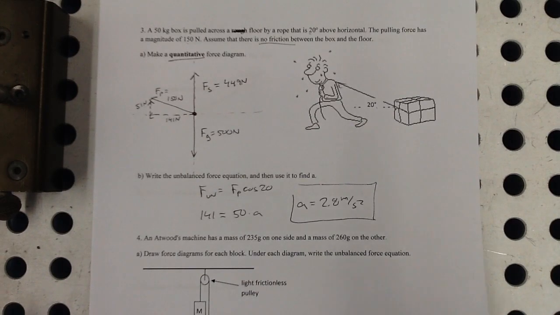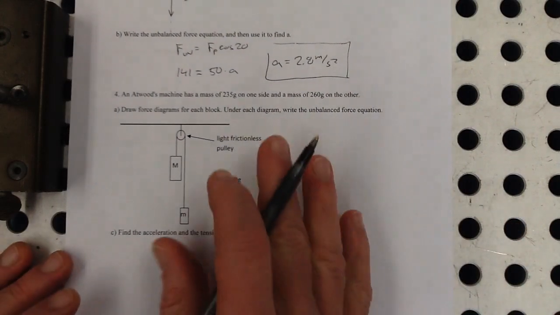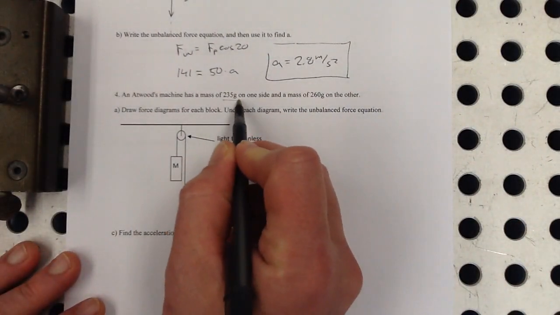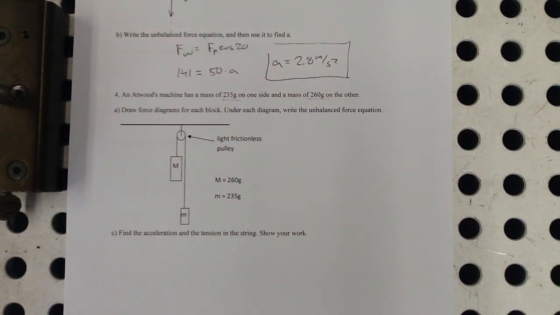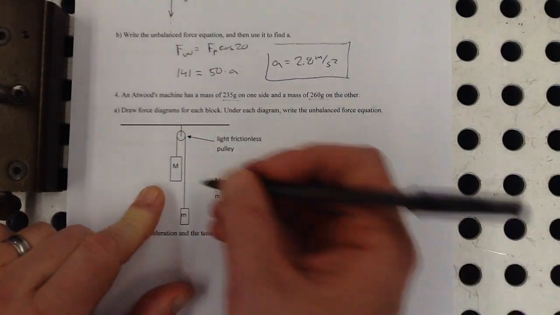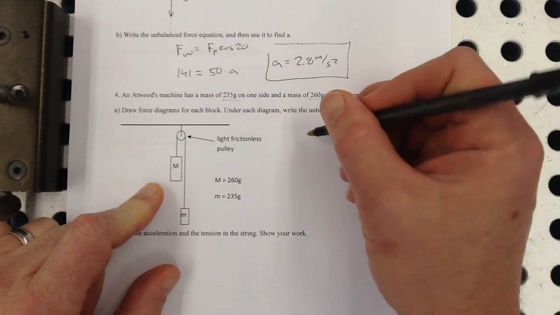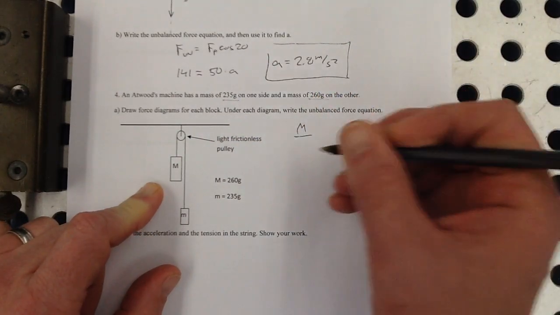All right. Number 4, I have an Atwood's machine with 235 grams on one side, 260 grams on the other, kind of like your practicum, a lot like your practicum. Draw force diagrams for each block. So, it's my bigger one and my smaller one.